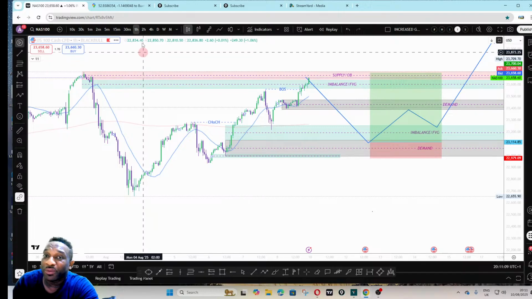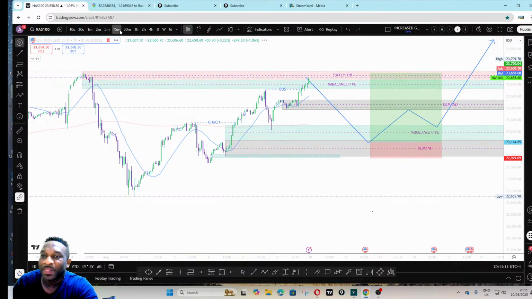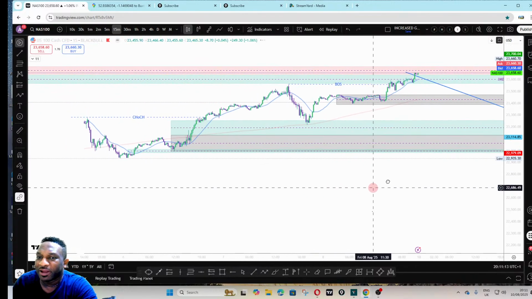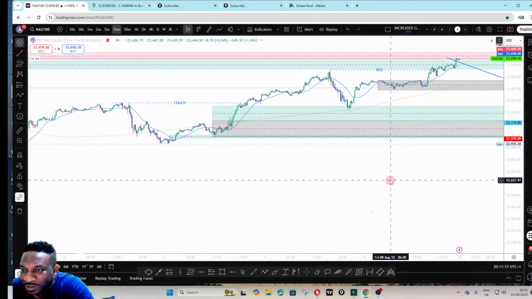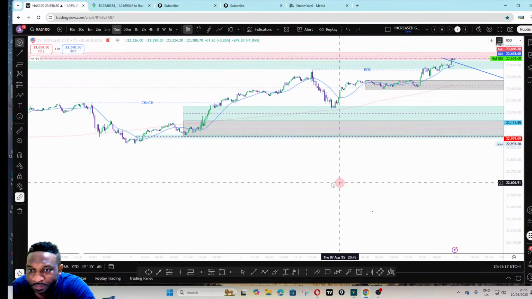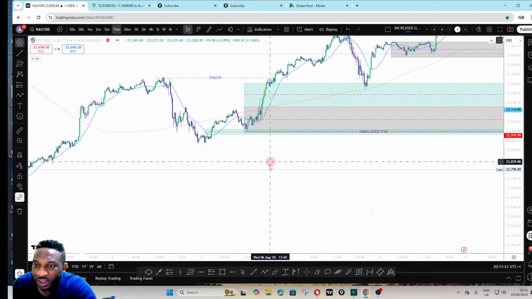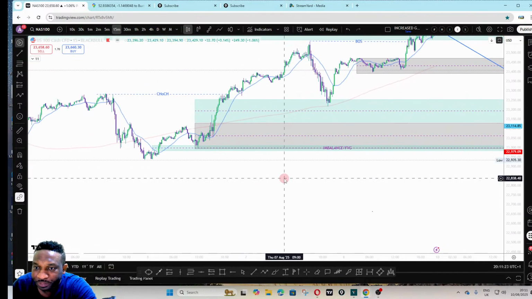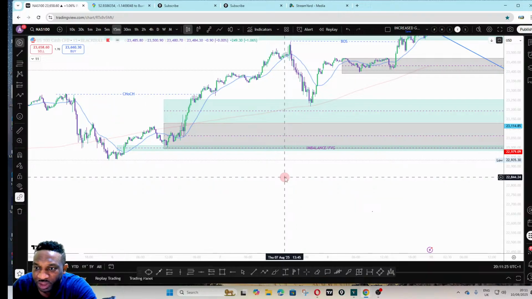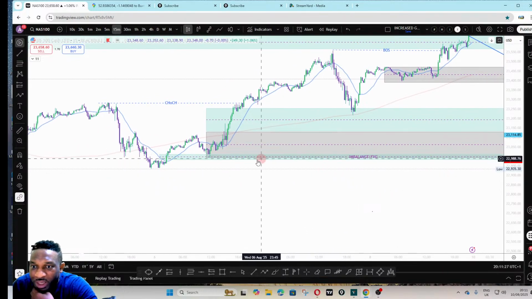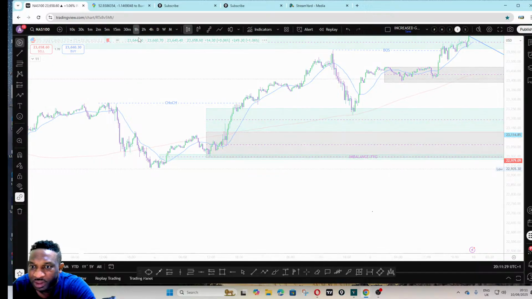So we can further refine this to give us a very, very small area of a better risk reward in terms of where we want to take the trade from.